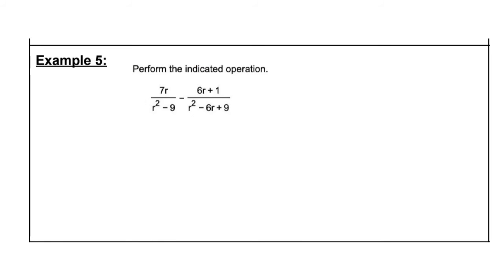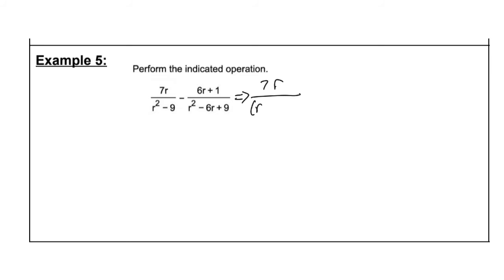So example 5, we have a subtraction problem. It's going to be very similar, just with the second fraction we're subtracting. So we need to find a least common denominator. We need to factor some of these things. Let's factor out our denominator here.